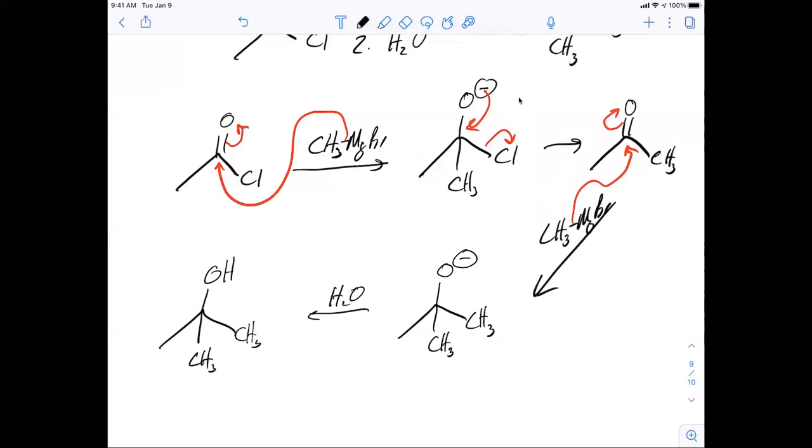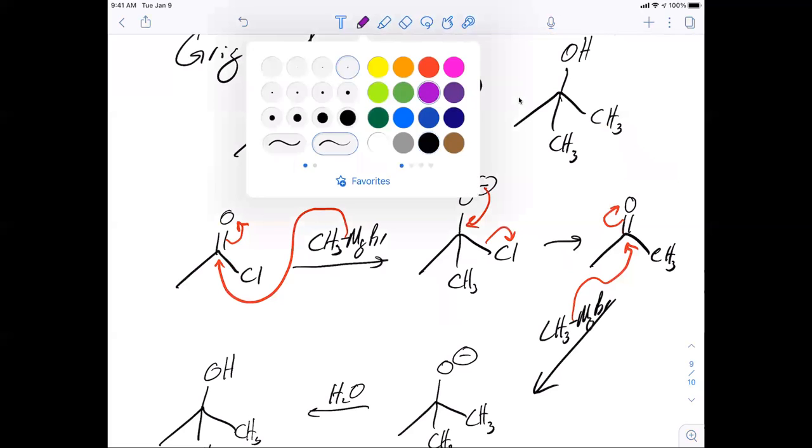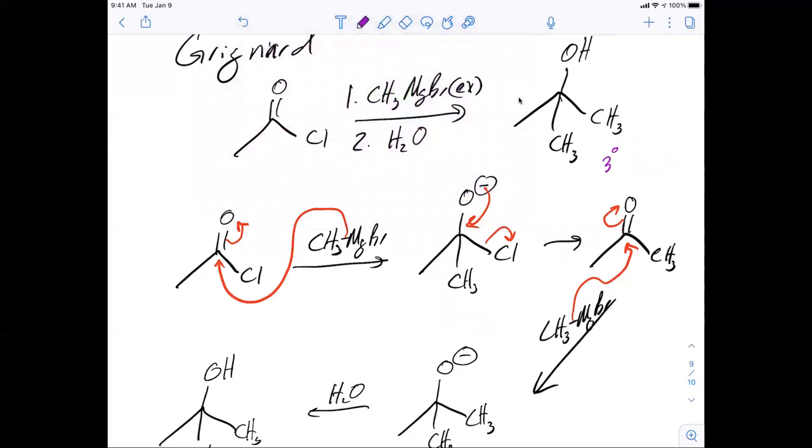Now notice what happens when you have Grignards react with acid chlorides. Okay. I'm always going to end up with what type of structure? Well, I'm going to end up with a tertiary alcohol, right? But I'm also going to end up with what?